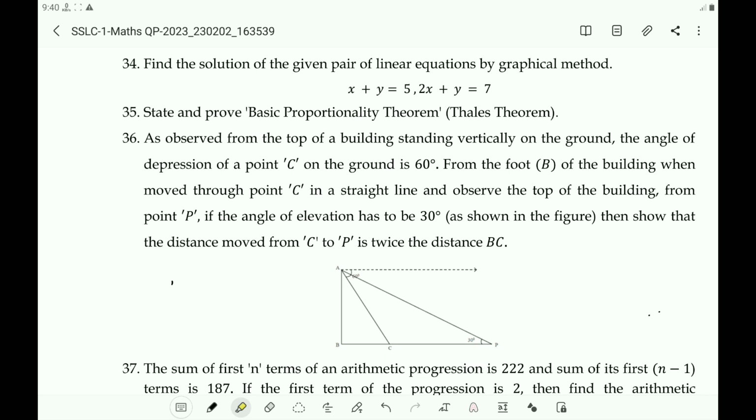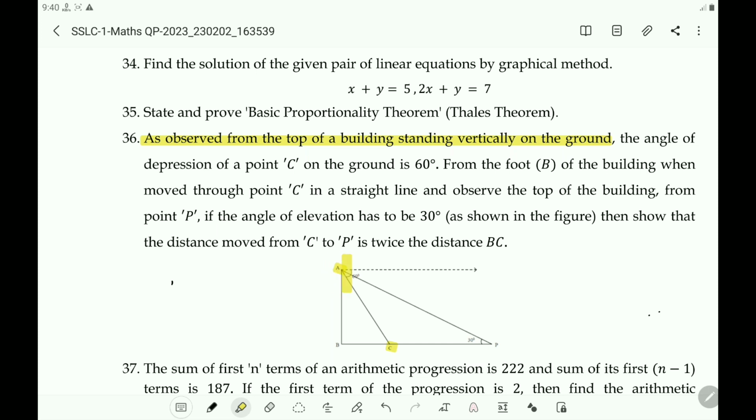Now you take the question number 36. As observed from the top of a building standing vertically on the ground. Here it is a building which is standing vertically on the ground. From the top of the building, means from the point A, the angle of depression of a point C. Here C is a point on the ground.